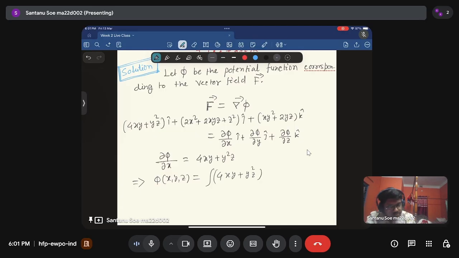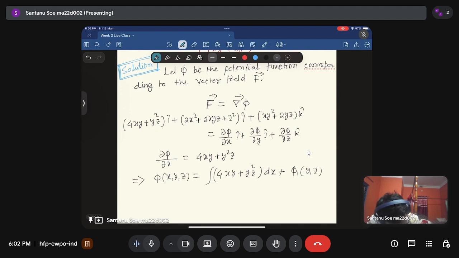So since we are doing the integration with respect to the variable x, the other two variables y and z will be constant. So that means the constant which will appear after the integration will be a function of y and z. So this will be phi 1 of y comma z. Okay. So now we can do the integration simply with respect to the variable x. So this will be 2x square y plus xy square z plus phi 1 of y comma z.